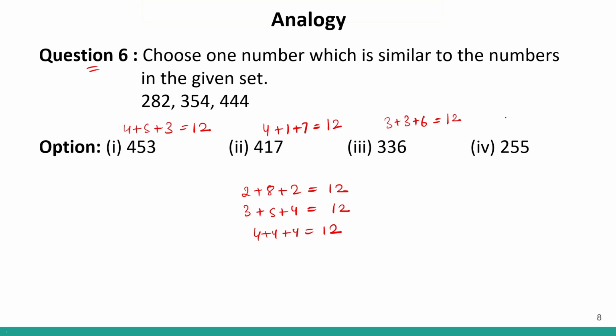And 2 plus 5 plus 2. Okay, this is also 12. So in this case, all 4 options have a sum of 12. So the answer will be the fifth option, that is all of the above, because all of the numbers share the same relationship as these numbers. So for the previous one, the answer was none of the above.